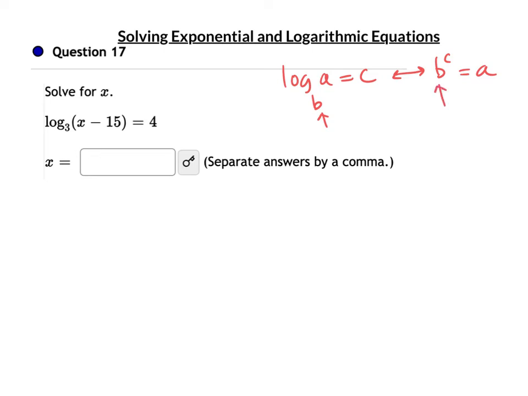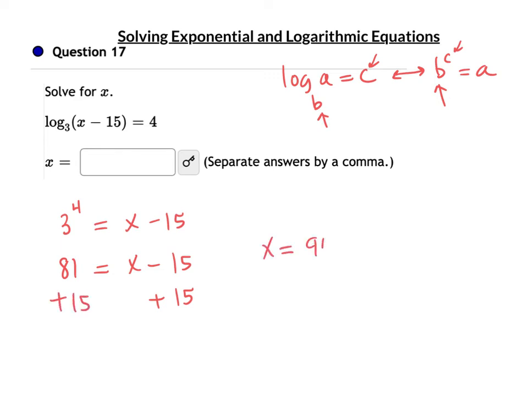It's equal to an exponent. So c is our exponent, and it's equal to a. Right here, then, it's 3 to the power of 4 equals x minus 15. 3 to the 4th is 81 equals x minus 15. And all we need to do is add 15 to both sides. And x is 96.